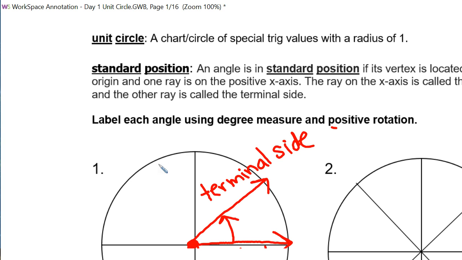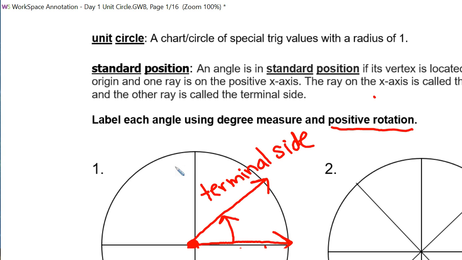Now if we went clockwise from the positive x-axis, that would be negative rotation. So for our purposes, you need to know that we start at the positive x-axis and we go counterclockwise. So the opposite way of a clock.